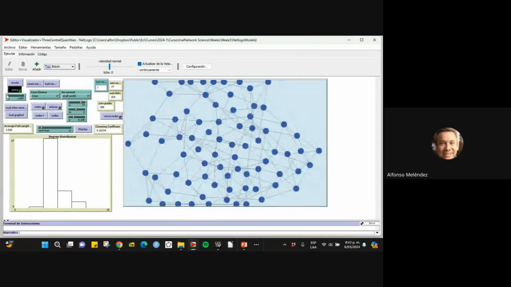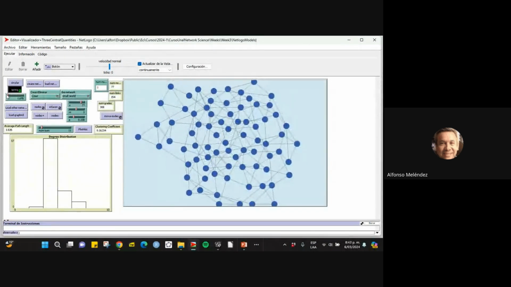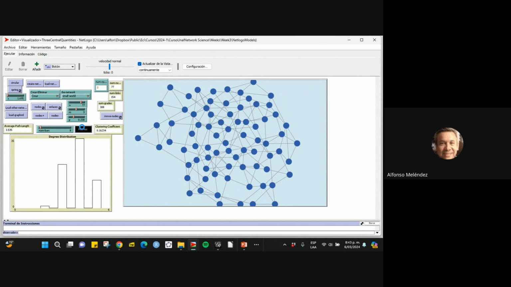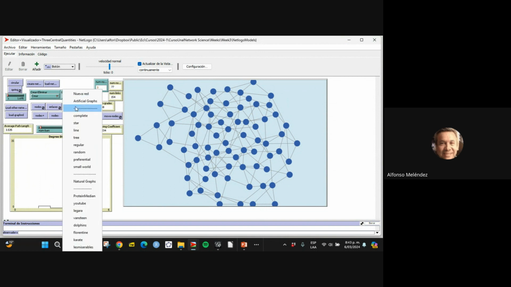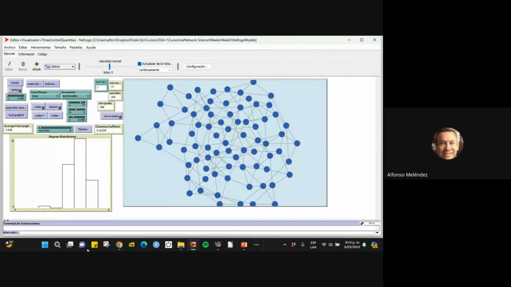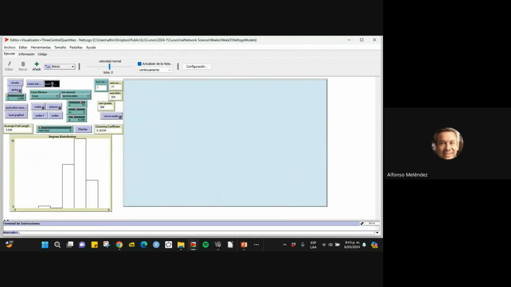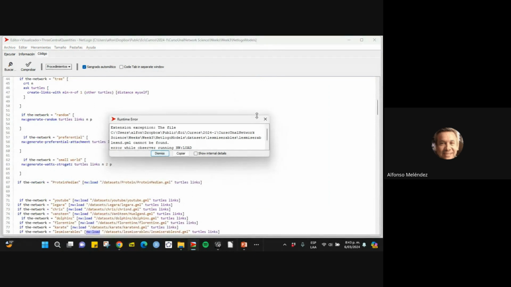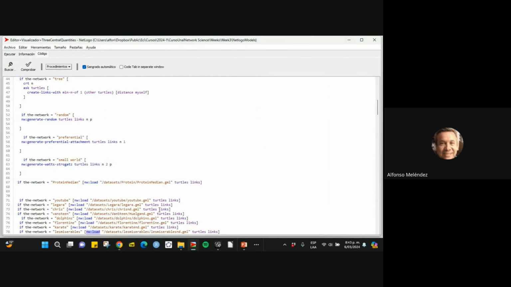Look how the network is. It's more or less regular. All nodes have nearly the same degree. So the histogram, okay, this is the degree distribution. That gives an idea.